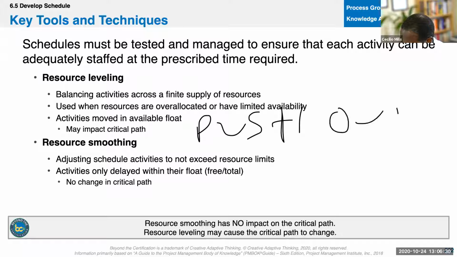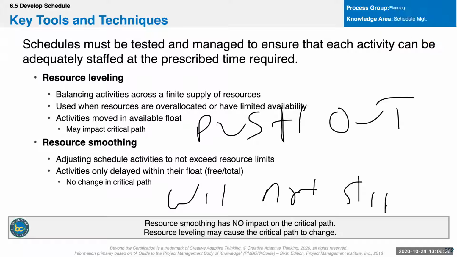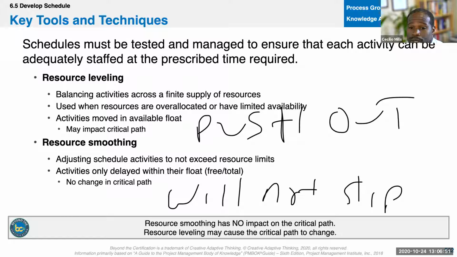Smoothing will not slip. So for leveling, the example you used was someone working an 8-hour day and that's all they could work. But what about for smoothing? Yeah, for smoothing, it's sort of like, well, you're stuck with what you're stuck with.